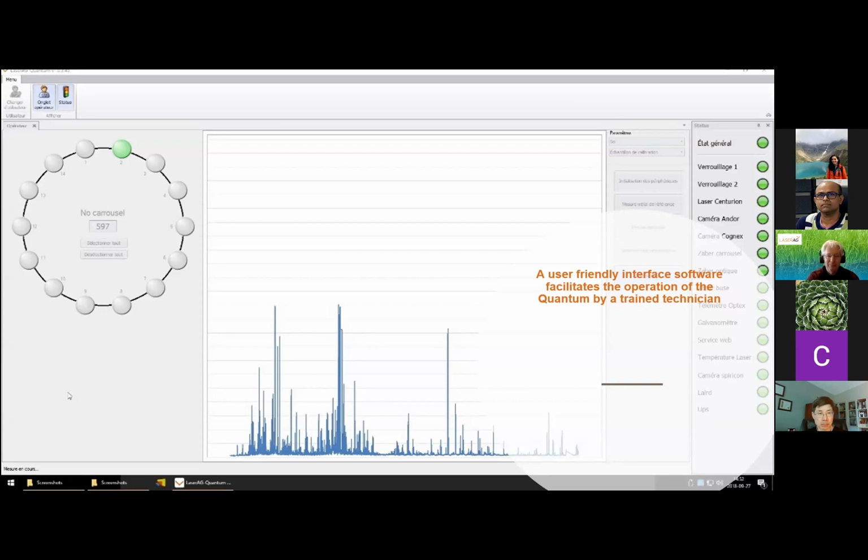We've developed, like I said, our own software, and the system comes with a user-friendly interface to facilitate interaction with the machine. The way it was designed, we put a carousel inside the instrument. The carousel has 14 spots, so we put 14 samples. We turn it on, and the laser goes around the carousel analyzing the 14 samples. It takes a little bit less than 14 minutes to get all those samples analyzed.